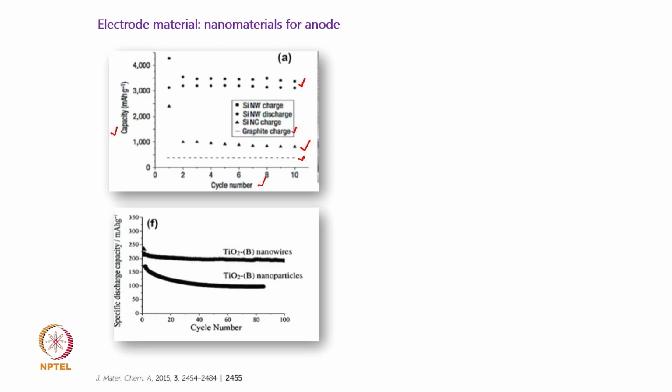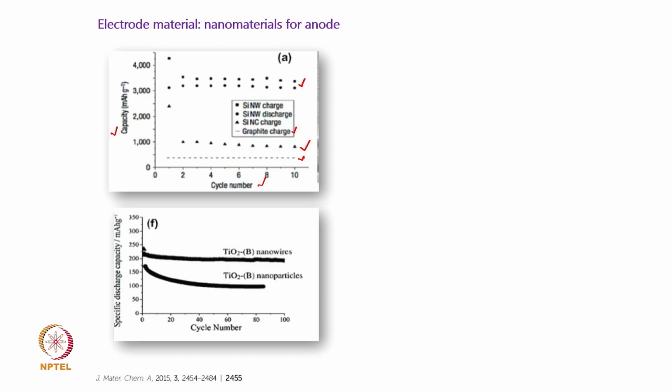Now, if we consider silicon nanowire, we have much higher capacity for similar cycle number. In fact, people have also shown that this capacity can be retained for different cycles. It starts with a very high capacity, almost close to 4000 or higher. It reduces a little bit and comes in between 3000 to 4000 after some cycles, and then becomes almost stable.